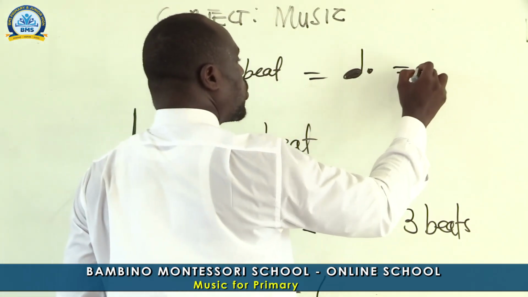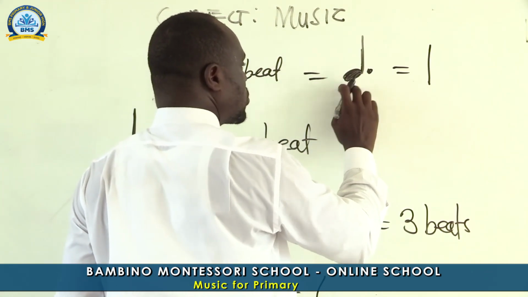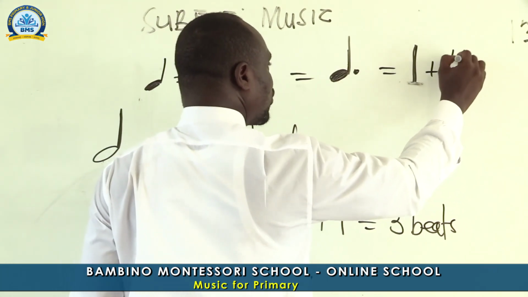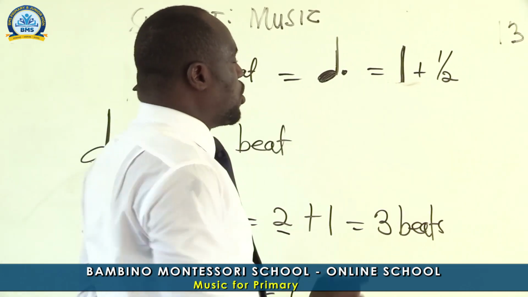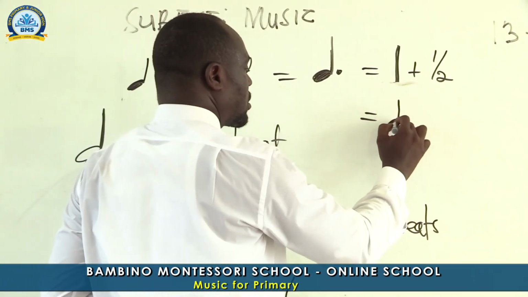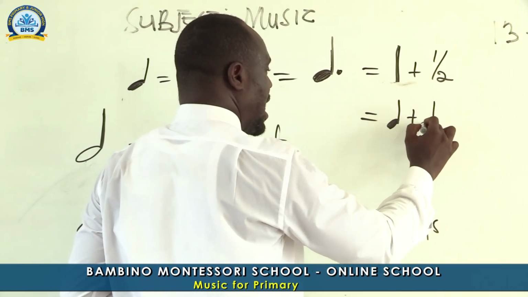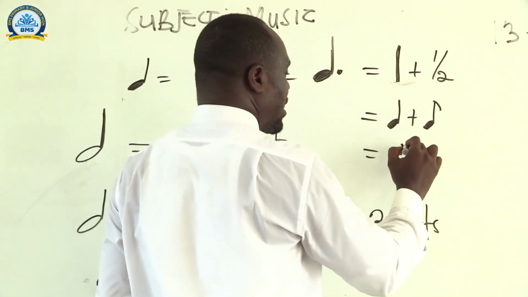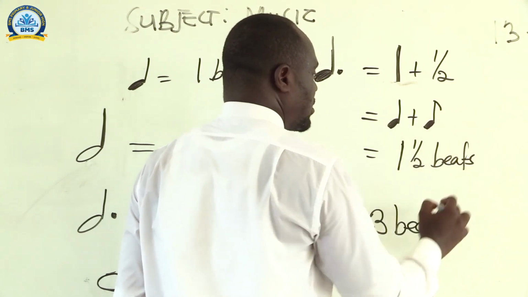This one here is 1 beat, and the dot here will be plus 1 over 2. If I write these numbers in symbols, it will be a quarter note plus a quaver, and it gives me 1 and 1 over 2 beats.